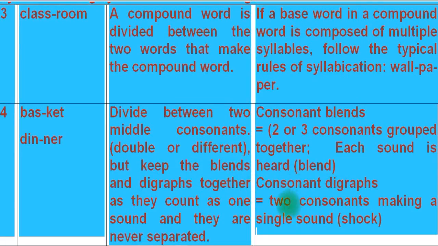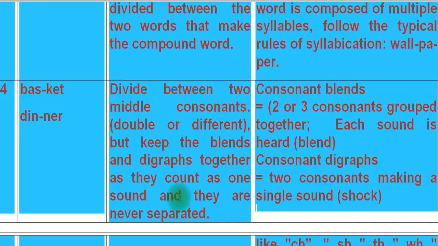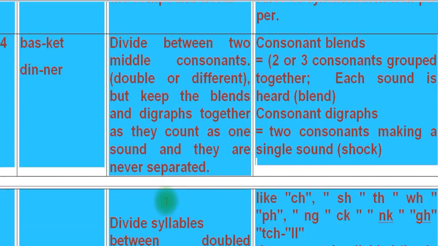Consonant digraphs are two consonants making a single sound, like shock, the sh sound, and the ck sound. So keep the blends and digraphs together, as they count as one sound, and they are never separated.